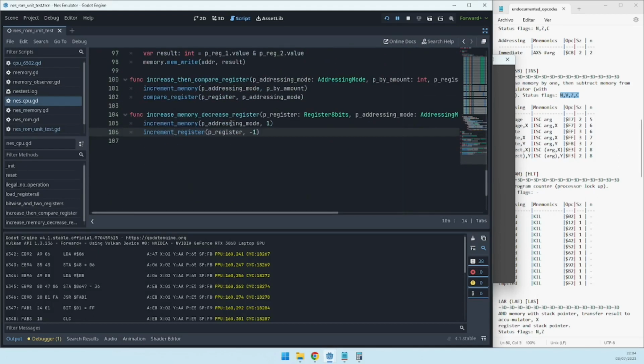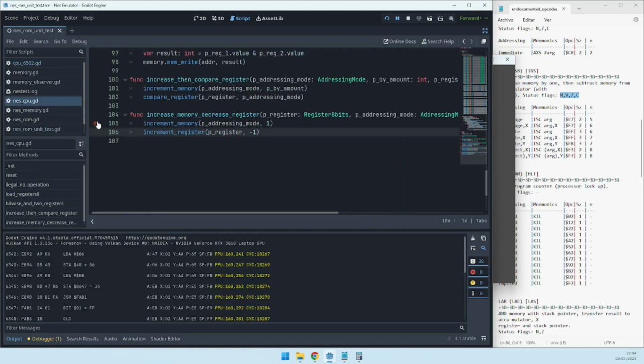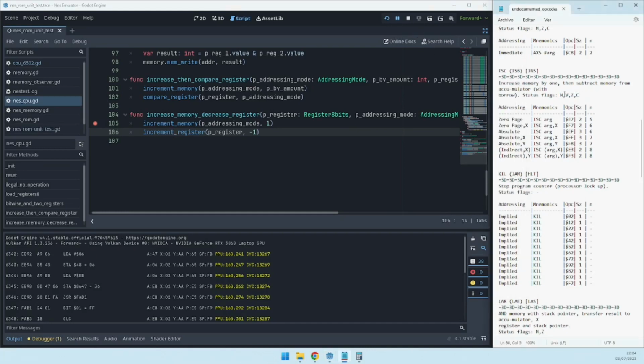I am wondering, maybe I made the wrong assumption in the order of arguments. So let's pause and see what happens. Oh, you subtract the memory from the accumulator. Okay.